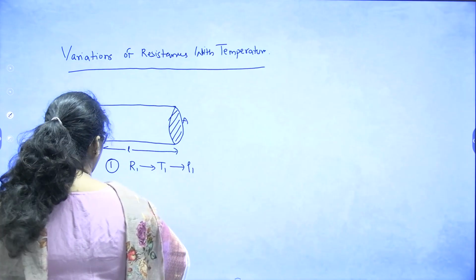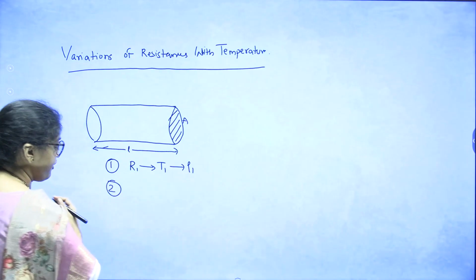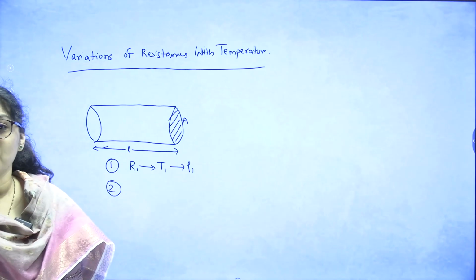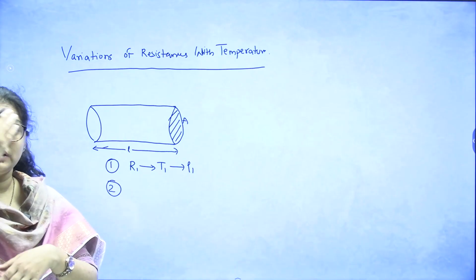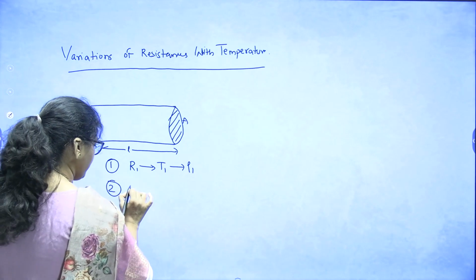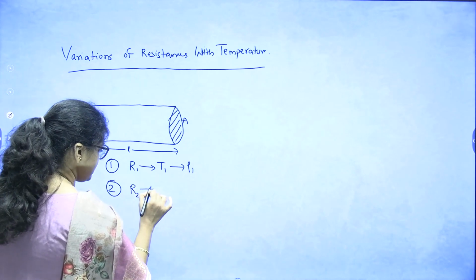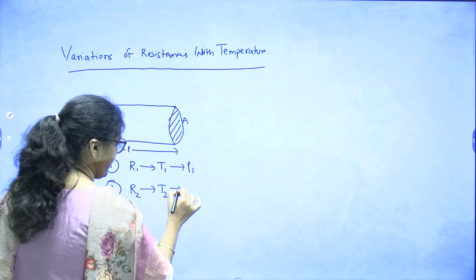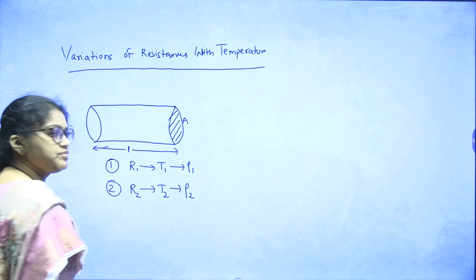Now once again, what I have done, I have heated the wire. Then what happens? Definitely the temperature increases, the resistance also will increase, and the resistivity also will increase. Yes or not?